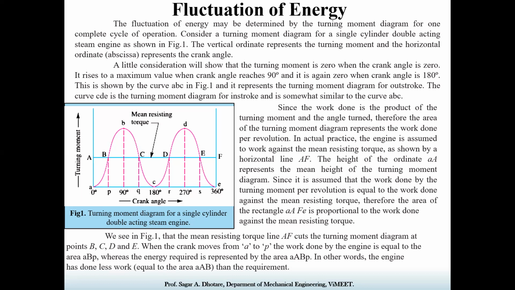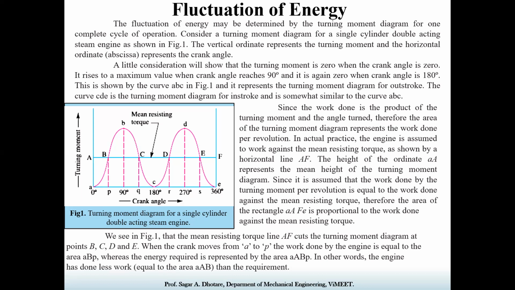The curve ABC represents the turning moment diagram for the outward stroke. The curve CDE is the turning moment for the in stroke, and it is nearly similar to the curve ABC. So in the turning moment diagram, both curves look the same.